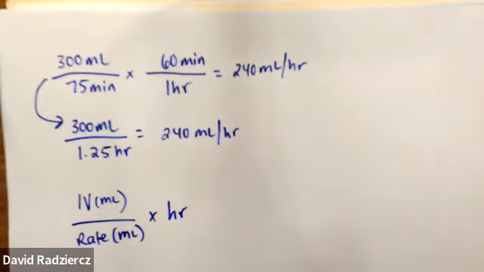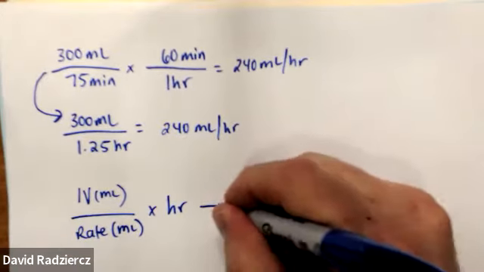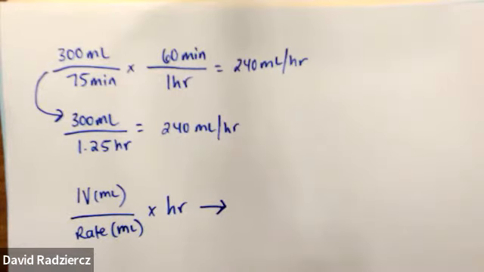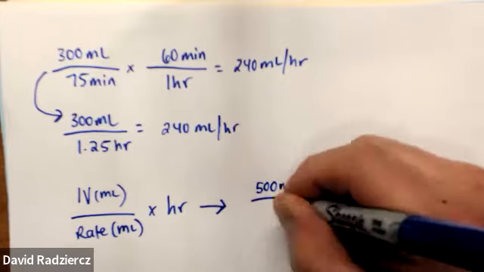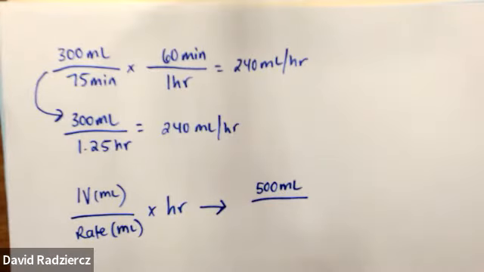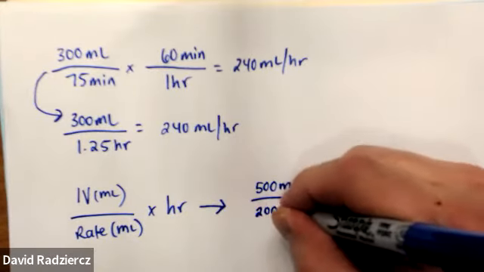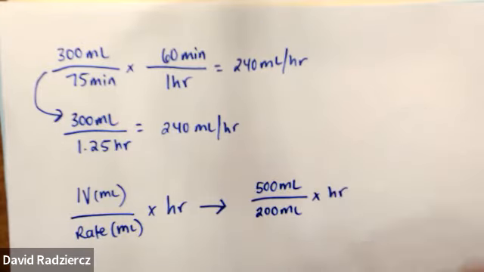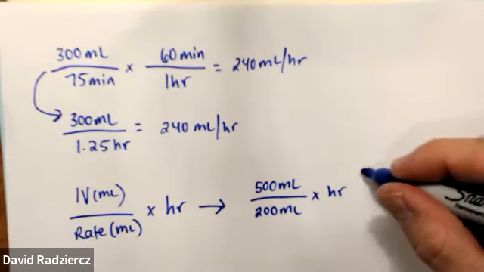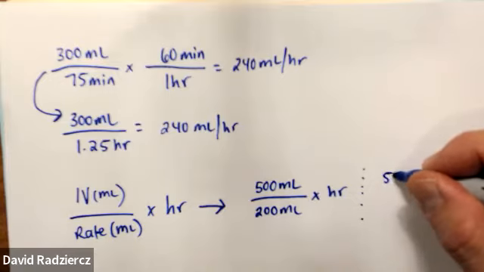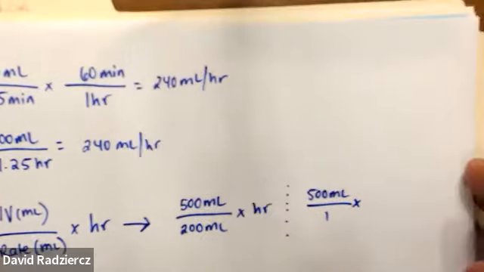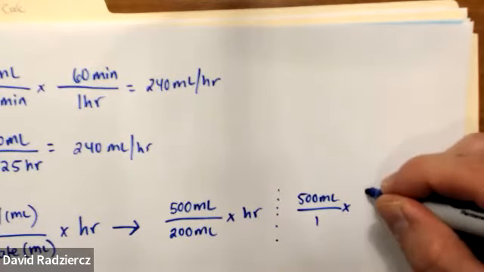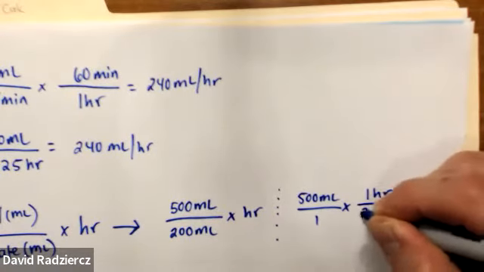So the rate in milliliters times the time. Okay. So for this question, it says the IV is 500 milliliters, and it's infusing at 200 milliliters per hour. Alternatively, if you prefer, you could also write this as 500 milliliters over 1, times 1 hour over 200 milliliters.